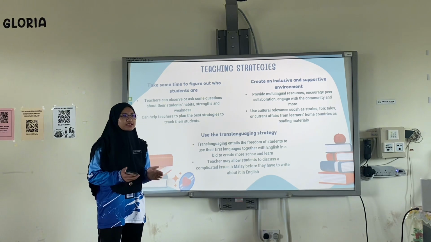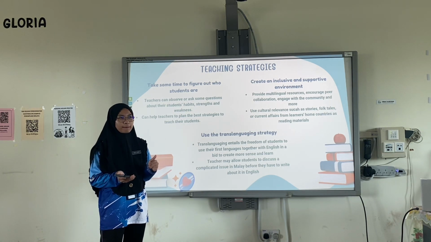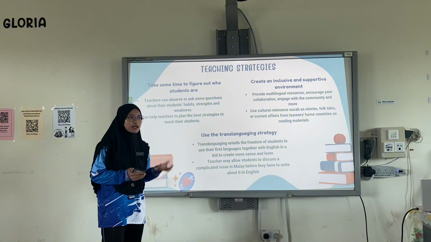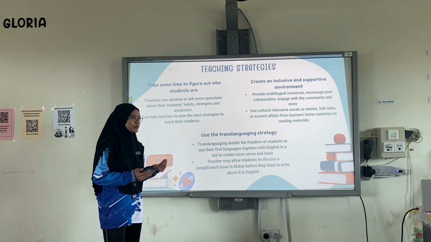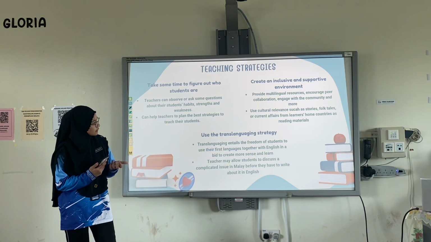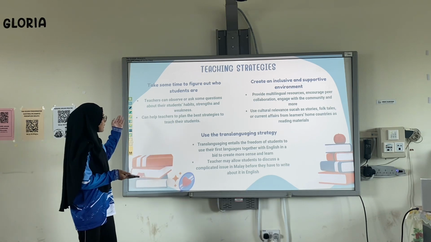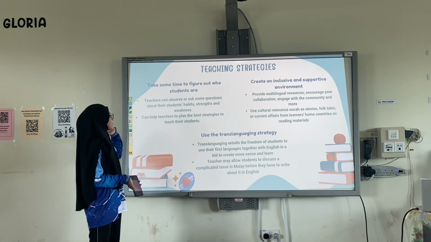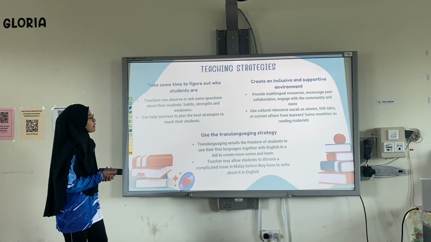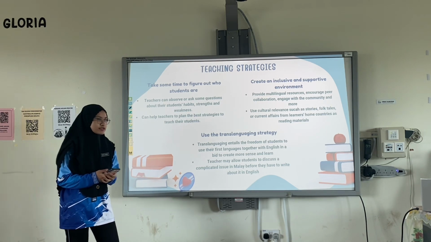When the teachers know what their students love to do, they can plan the best strategy to teach the students. As stated here, it can help teachers to plan the best strategies to teach their students.